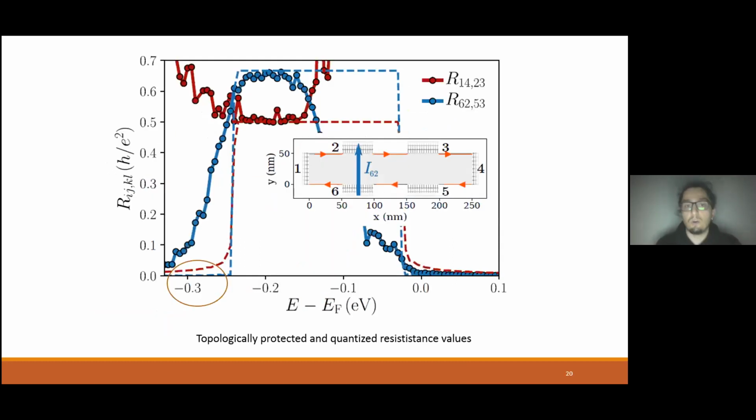So this one is for the simulation of a 6-point Hall bar device, where they make two different routes for a current inside the Hall bar, and check if the values are quantized or not. So they have a theory and they have the simulation. They have the theory at the square lines, and they have the simulation values at the dot lines.